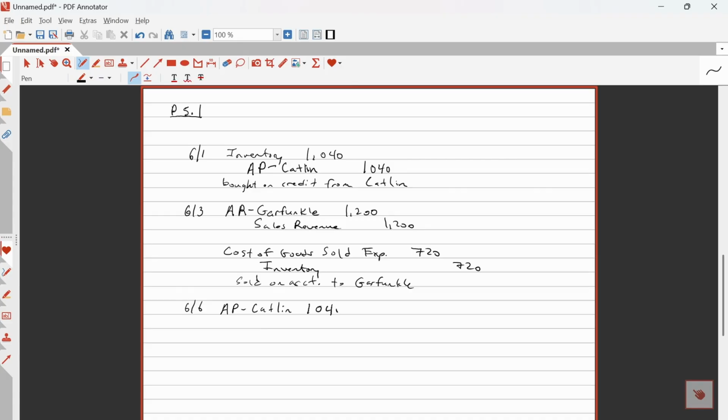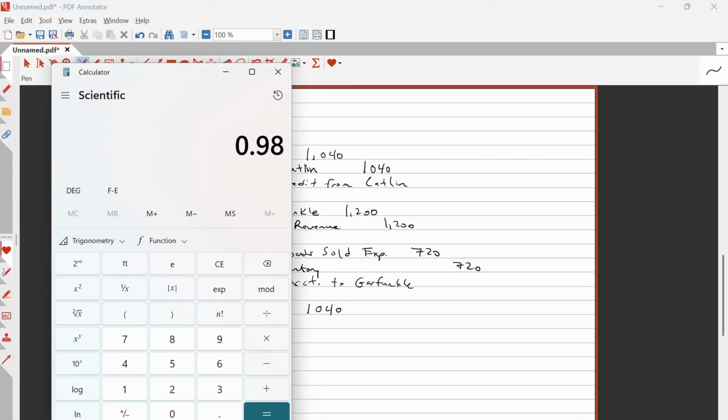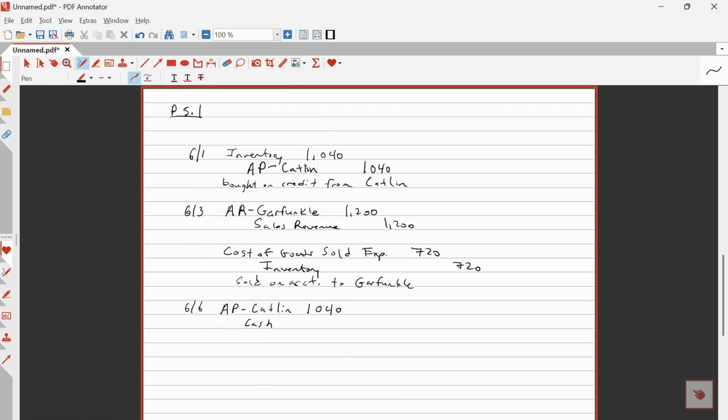We can get rid of it by debiting it. We no longer have a liability with Catlin. But to satisfy that liability, we do have to give up an asset, cash, but we only have to give up 98% of that because we get a 2% discount. So 0.98 times 1,040 is 1,019.